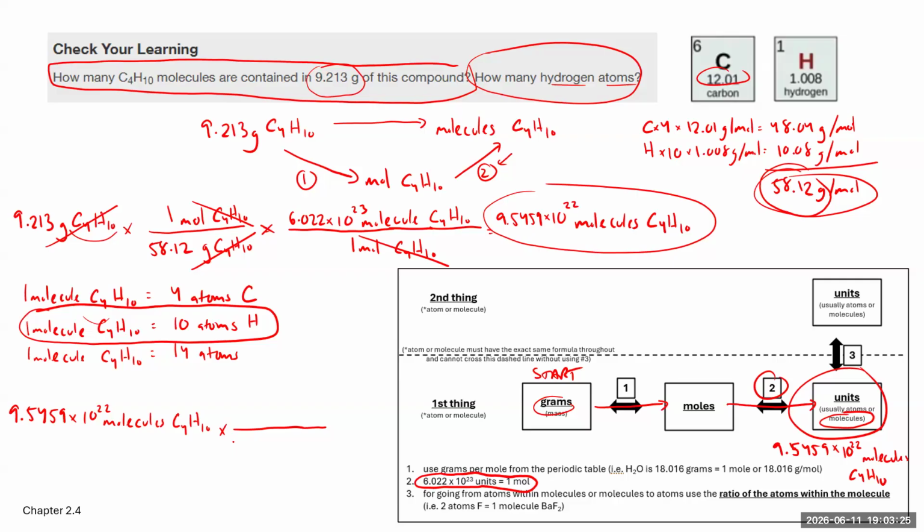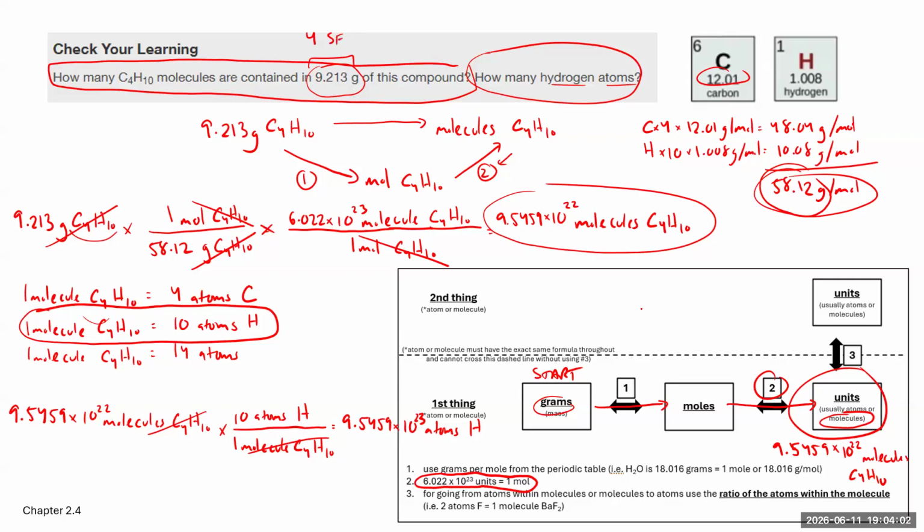Because we have to put it here because one molecule C4H10, and we have 10 atoms of hydrogen. All right, so these cancel out. Multiplied by 10, it becomes 9.5459 times 10 to the 23rd atoms of H.